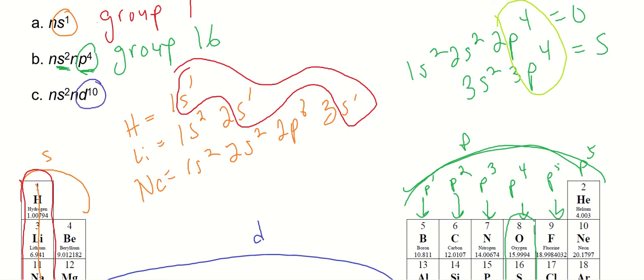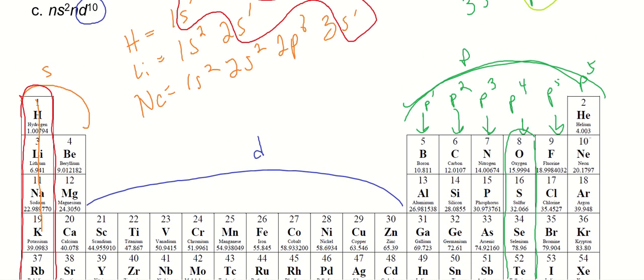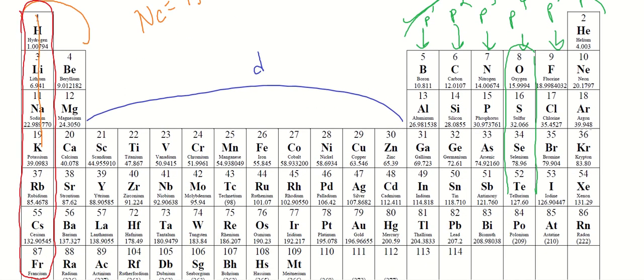D orbitals can hold 10 electrons. So to have 10, it's going to be in the last column of that D section. I'm not going to go that way because there are some exceptions here. If the S's are full, this is the 3s, and this will be the 3d.